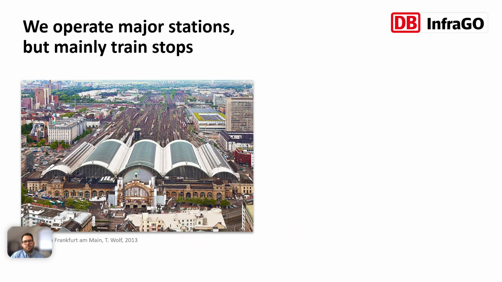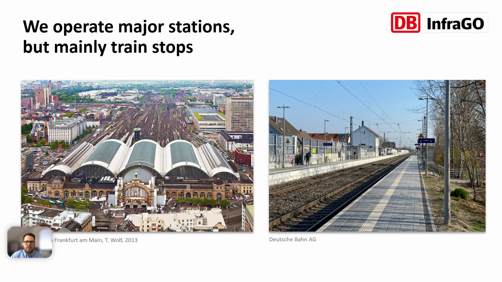As you have seen by the numbers on the previous slide, this means we operate major train stations, but mainly simple train stations. Smaller stations mostly just consist of platforms, as you can see on the right side here. All in all, we can say that around 80% of our projects are small train stops.